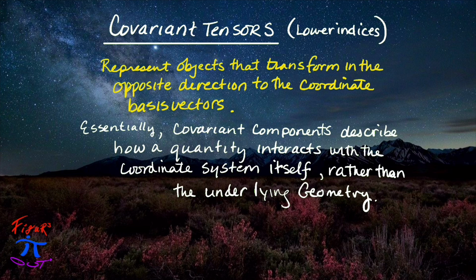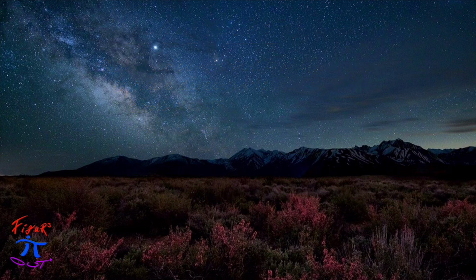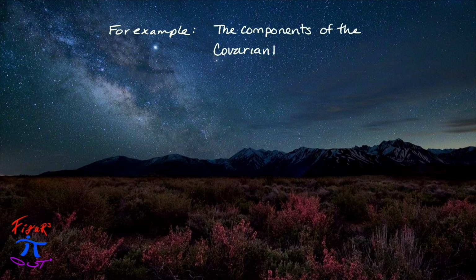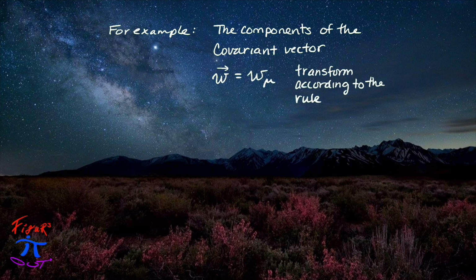So what are covariant tensors useful for? Well, for example, let's take a look at what a covariant tensor looks like again. The components of the vector, we'll call the vector W here, with lower index mu, transform according to the rule, again using the notation that we had developed in earlier videos.